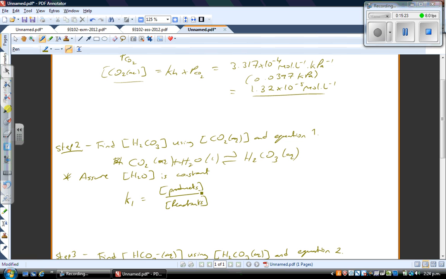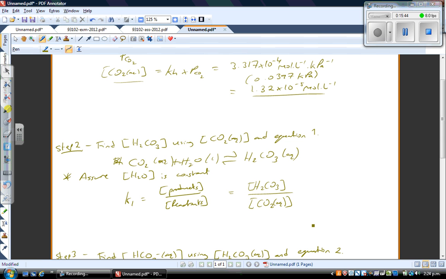So you put the concentration of the products over the concentration of the reactants. So in this case, K1 is equal to the concentration of H2CO3 over the concentration of our CO2 aqueous, and the water is eliminated from the expression based on our assumption here.